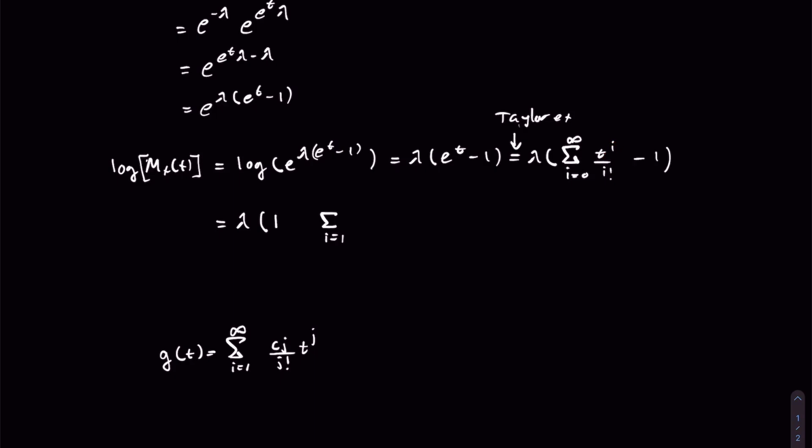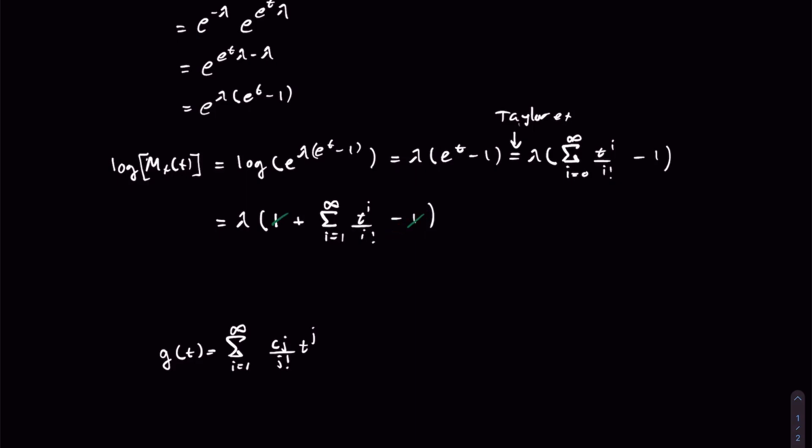So the sum starts at 1, plus the sum from i equals 1 to infinity of t to the i over i factorial, and we have the minus 1, and now the ones cancel. So what we're left with is lambda times the sum over i equals 1 to infinity of t to the i over i factorial.